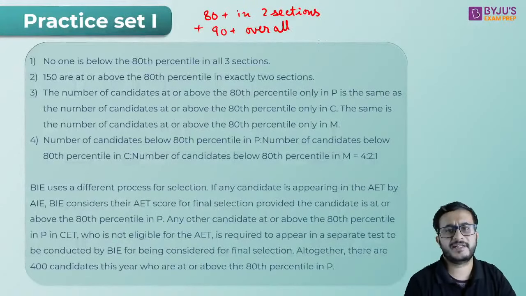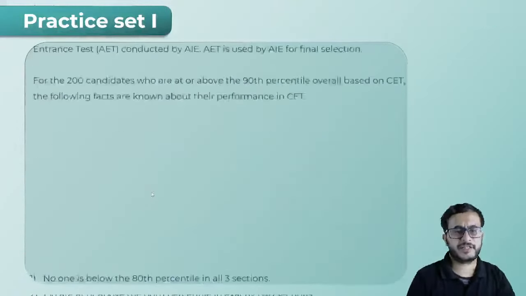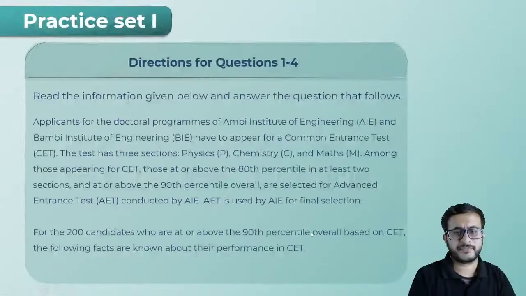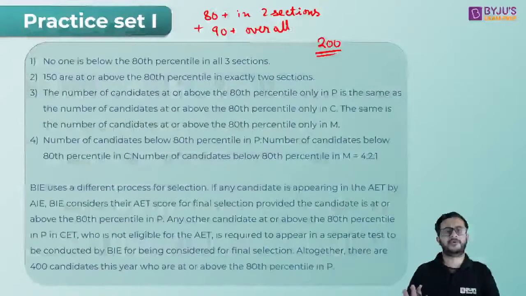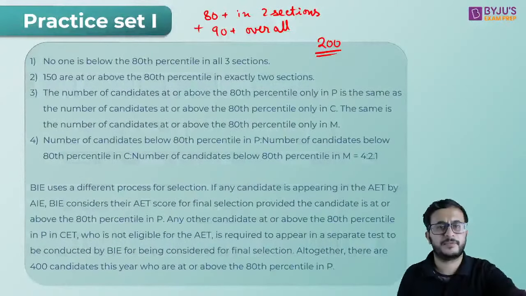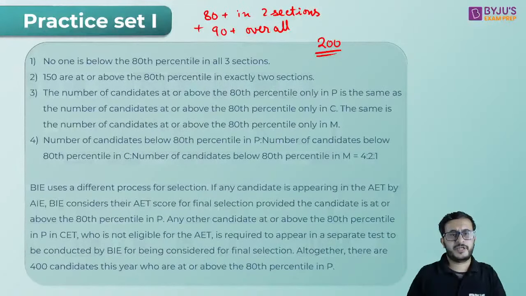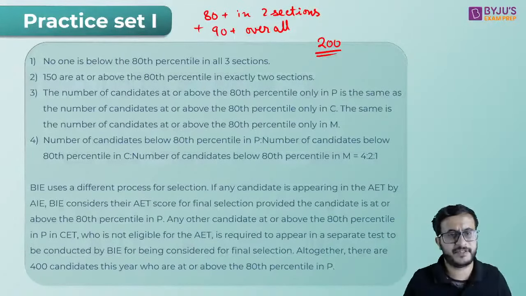It is saying that 200 students appeared and those who had above 90 percentile, so the data is about these 200 students. Here are the instructions and we shall use these instructions to fill the information.